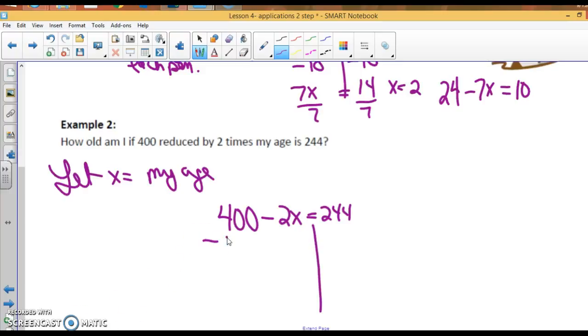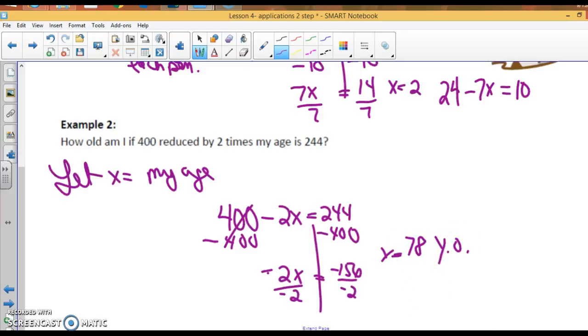Solve this. Subtract 400 from both sides, and I get negative 2x equals negative 156. Divide both sides by negative 2, and I end up with x is 78 years old.